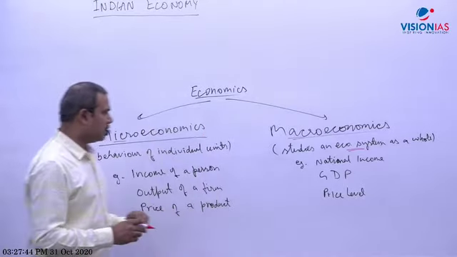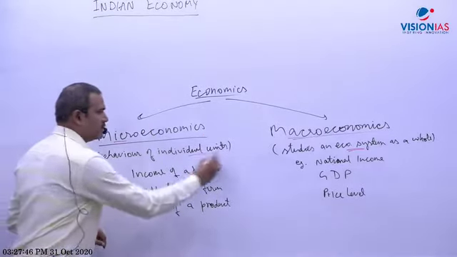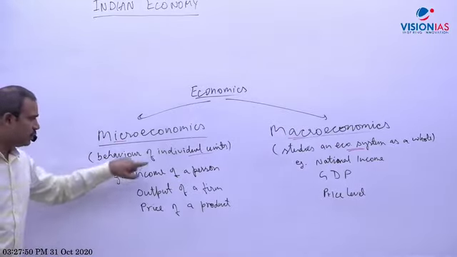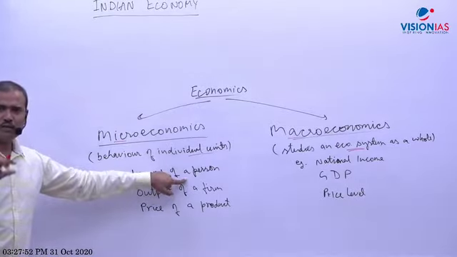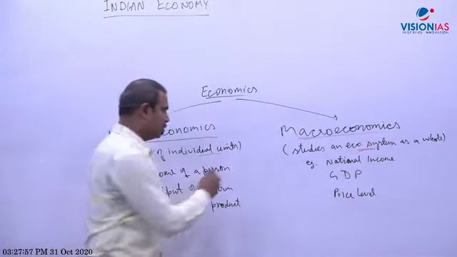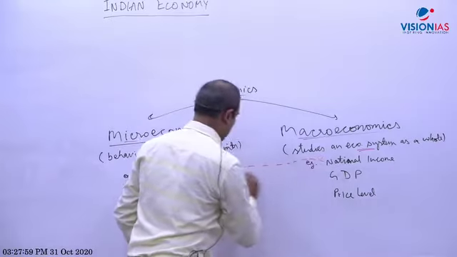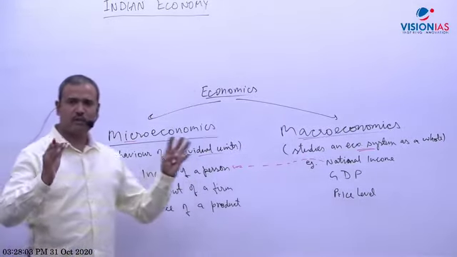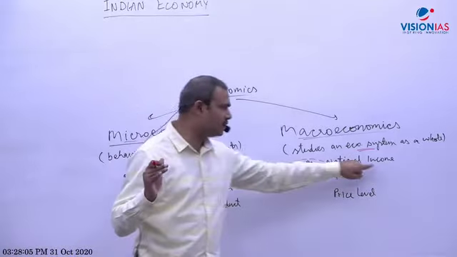Now you can see, in micro, one unit, individual units are studied. Just make a comparison here: income of a person. When you add up income of all people of a country, all nationals of a country, you get national income. Got the point? Here we study income of one person, and when we add up income of all nationals of a country, we get national income. Clear?